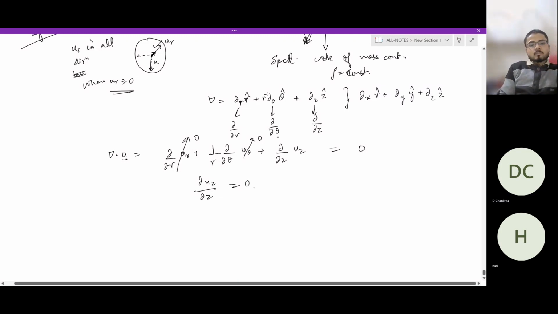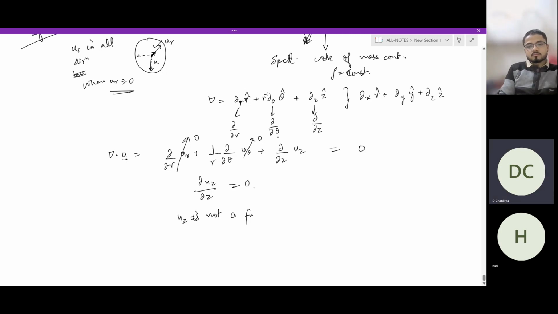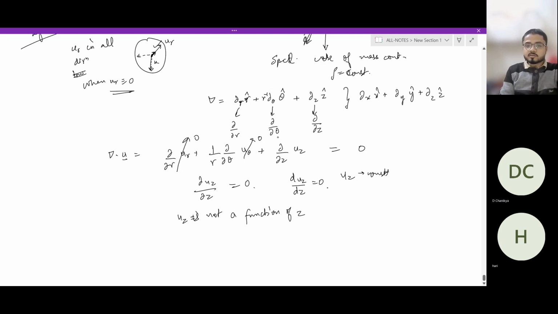What does this mean? This means that u_z is not a function of z. If this were du by dz equal to zero, then you could have said that u_z is a constant. But in this case, this is a partial derivative.